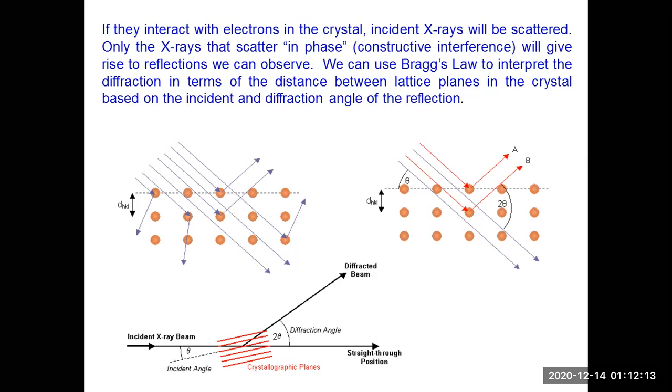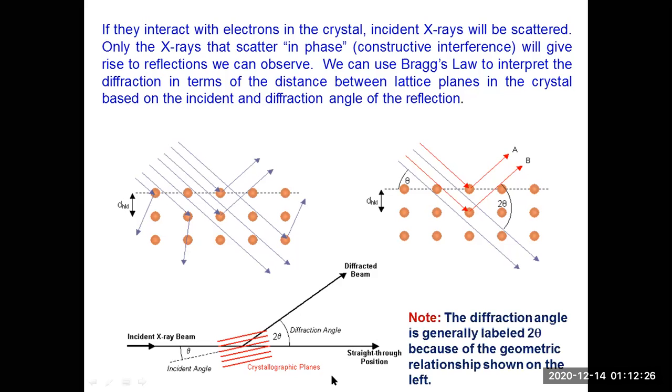Here I am interested in telling you about the exact nature of the plane and how these planes are formed. Now we'll go to the next slide. Here, the diffraction angle is generally labeled as 2 theta because of the geometrical relationship shown in the left diagram.